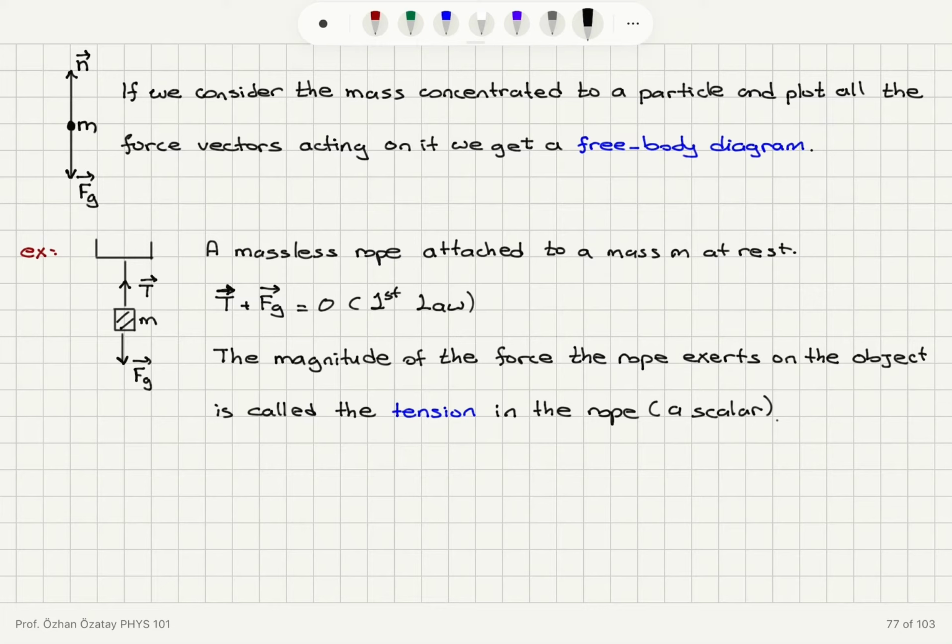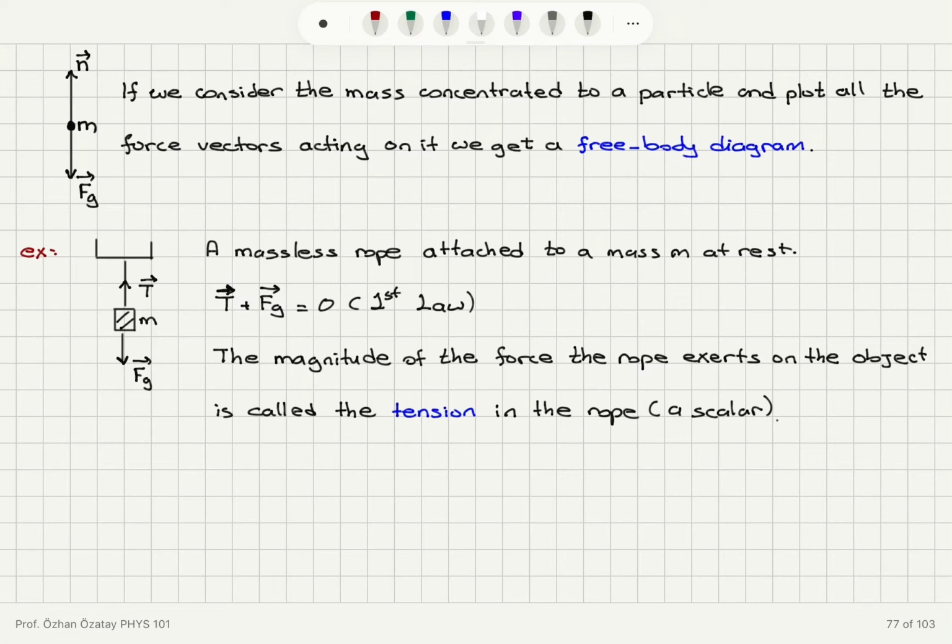We have the net force acting on it is 0. The object doesn't move, but the force exerted by the object on the rope is opposed by a reaction force that is acting on this object in the opposite direction.